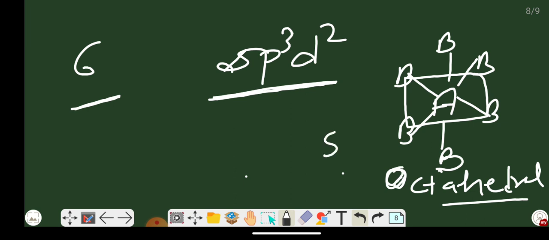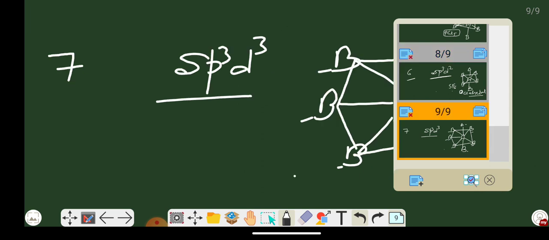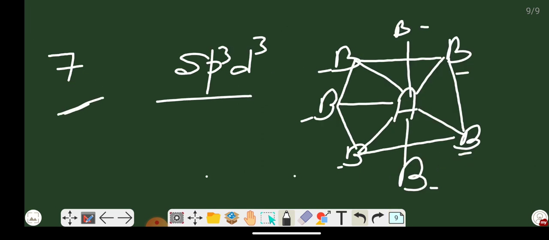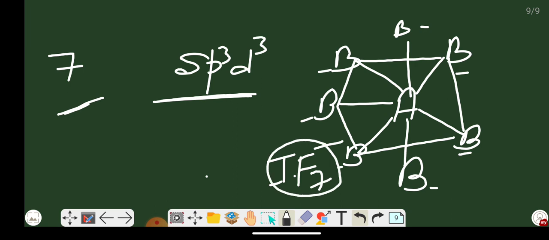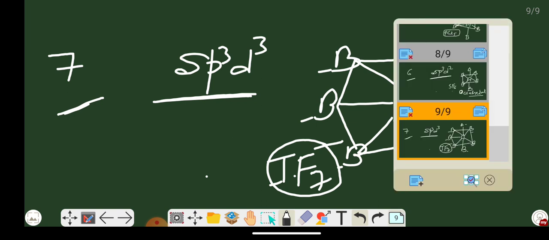We have the example SF6. Again, for 7 bond pairs, the hybridization is sp3d3 and the shape is pentagonal bipyramidal, and an example of this shape is IF7. So in this way we have discussed the first rule of the VSEPR theory. Now the second rule we will discuss in the next video.